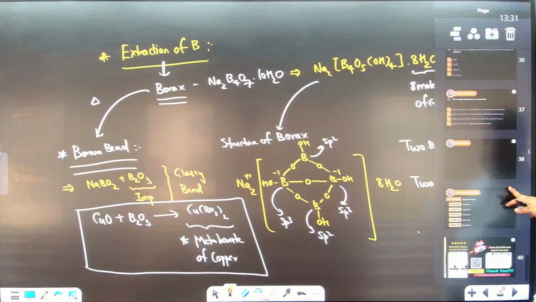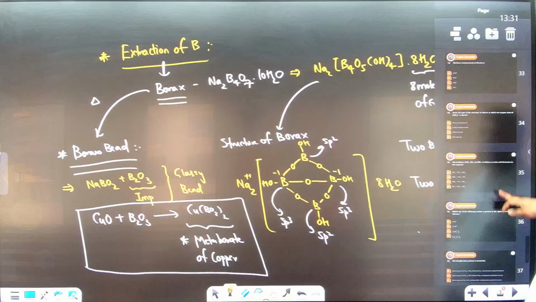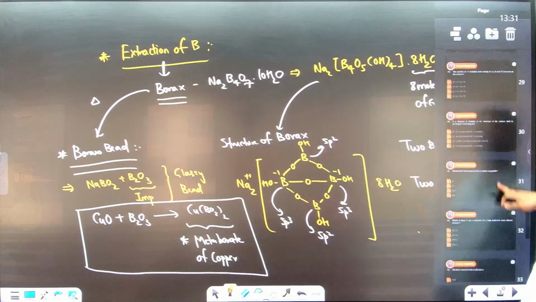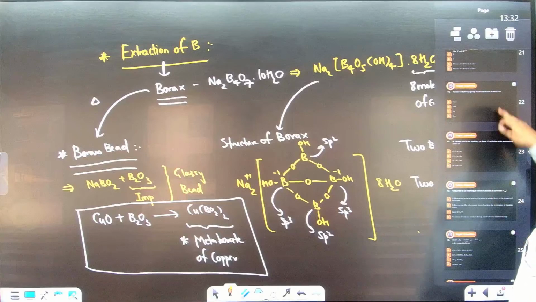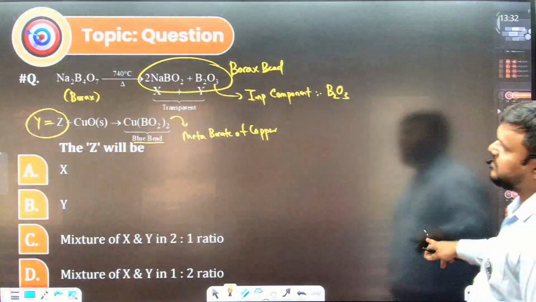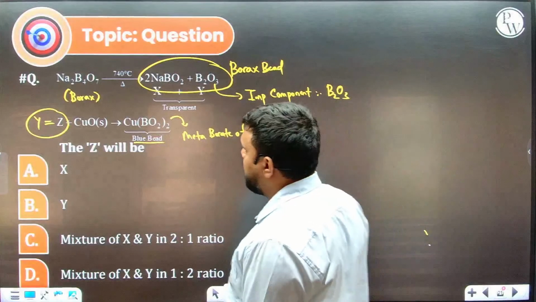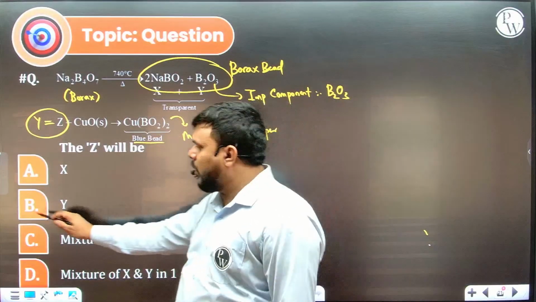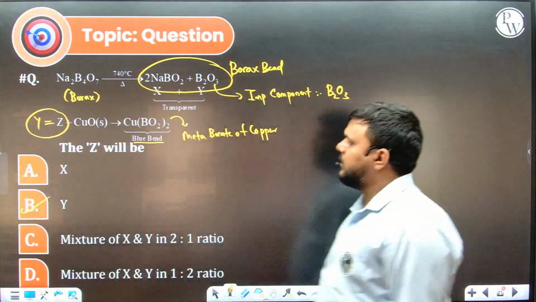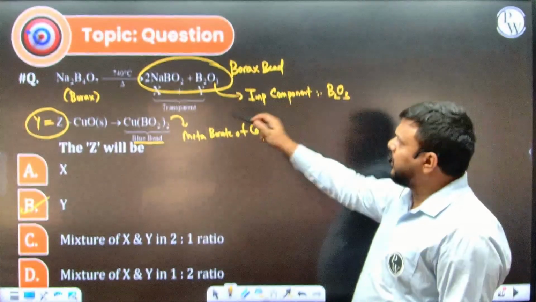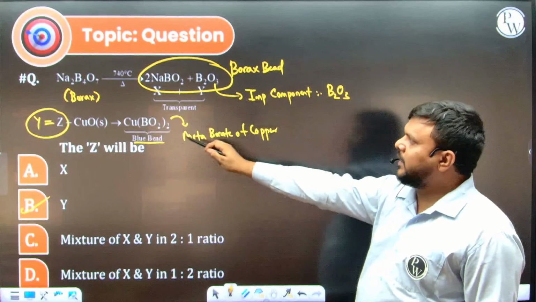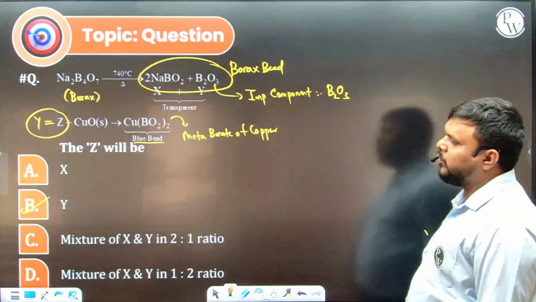So you can see we are talking about the same thing over here. So this Y will be equal to Z. So they are asking this Z will be equal to what? Y. Because this Y is nothing but B2O3 and this B2O3 is reacting with CuO to give CuBO2 twice.